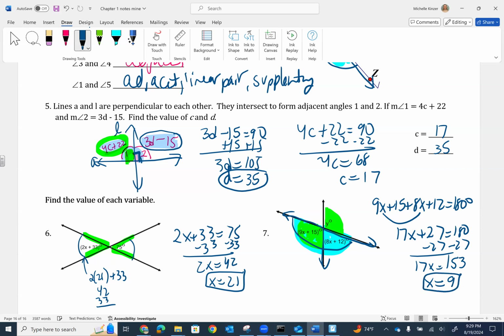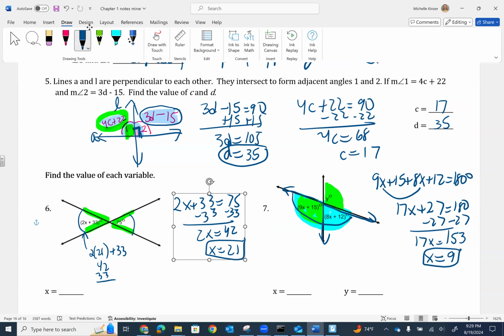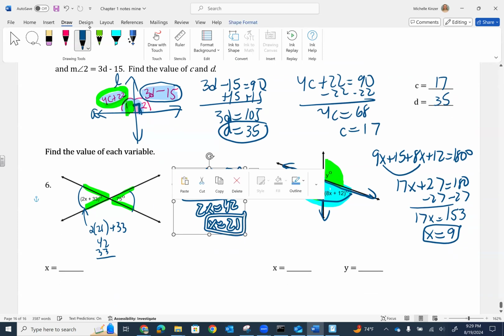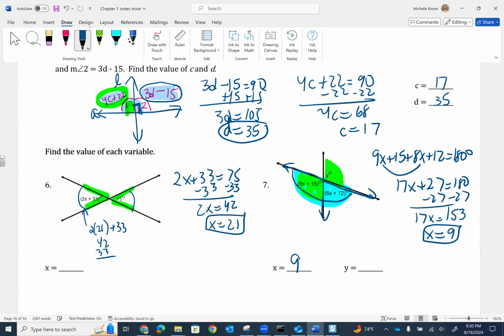Now, the truth is, it says find both x and y. So we found x to be 9, okay? And the question is, how can you find y? Well, we can use it to help us find a missing value. If we know that x is 9, then we can use that to find the measure of this angle. 9 times 9 plus 15 is going to give us the measure of this angle.